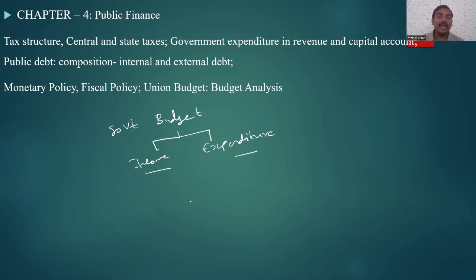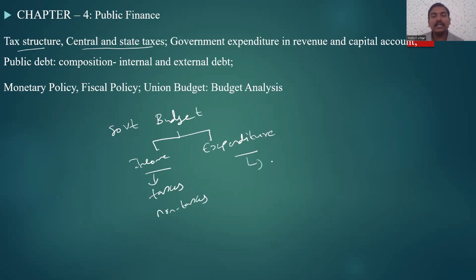Where does the government get income? It gets income from taxes. Tax structure of India, central and state taxes. There are also some non-taxes, which we'll discuss later. Now, expenditure. Where does the government spend the money?